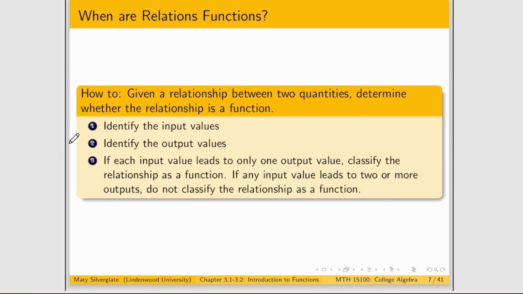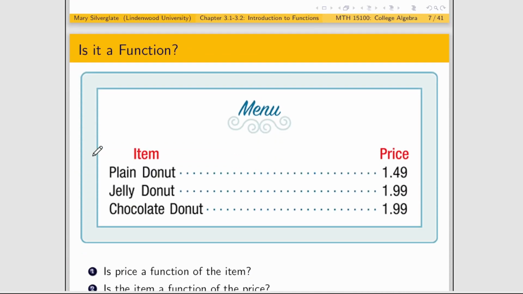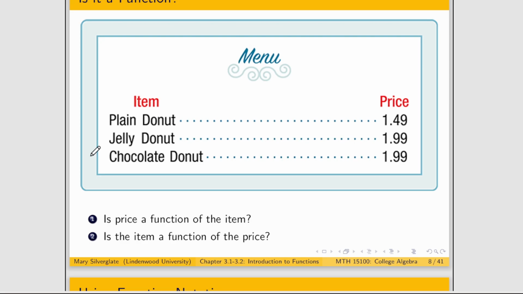So how do you identify if it's a function? Well, you check that its definition works. Each input should only have one output, each x should only have one y. So let's take a look at this menu example. This is somewhere where you'd see a function a lot in your day-to-day life. If I ask you, is price a function of the item?